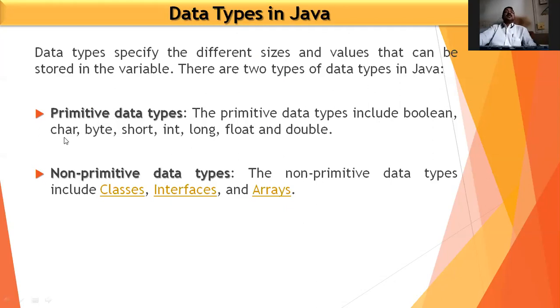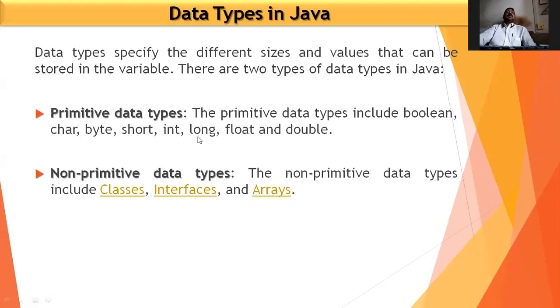We can call it a primary data type in C language. But in C language, Boolean is not available. All the data types which are available in C are available in Java. So Boolean is a new data type in Java. Boolean gives the value true and false.